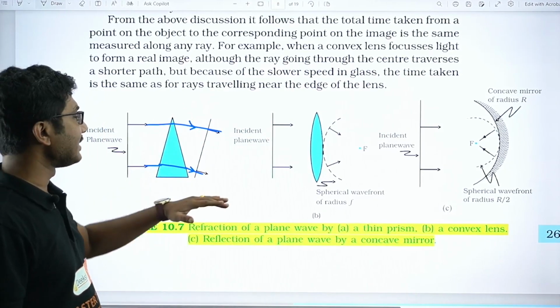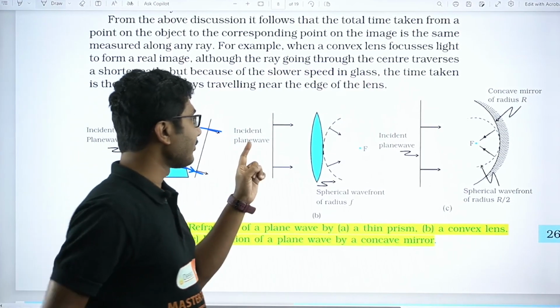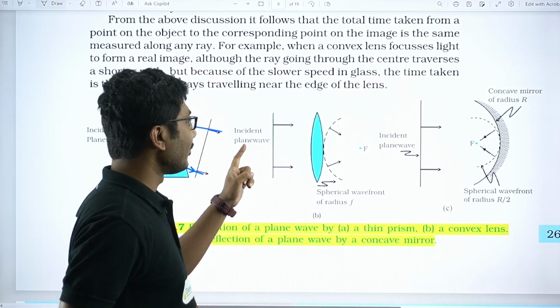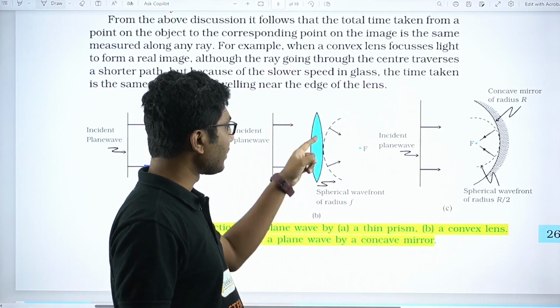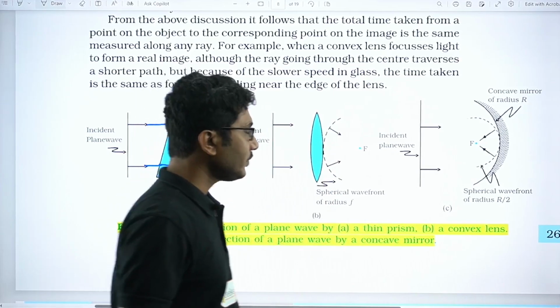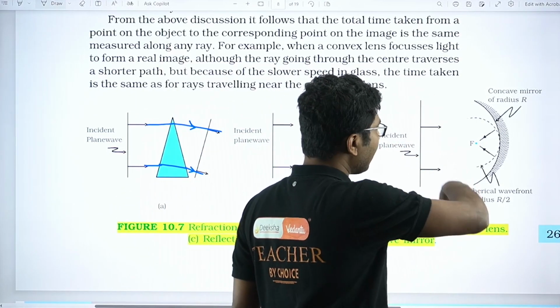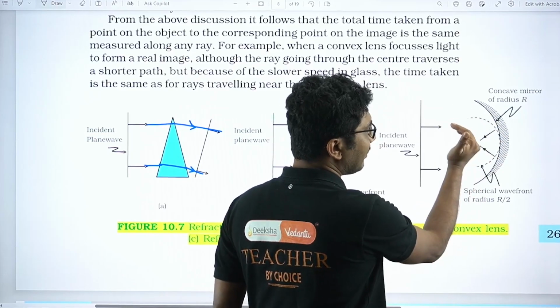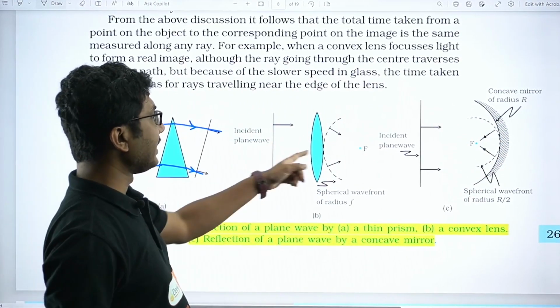The angle changes; it is no longer parallel. And for a convex lens, it becomes a spherical wavefront of radius f, but it bends like this. Whereas in the case of a concave mirror, it again becomes a spherical wavefront, but it bends this way. So it is no longer a plane wavefront in these two cases.